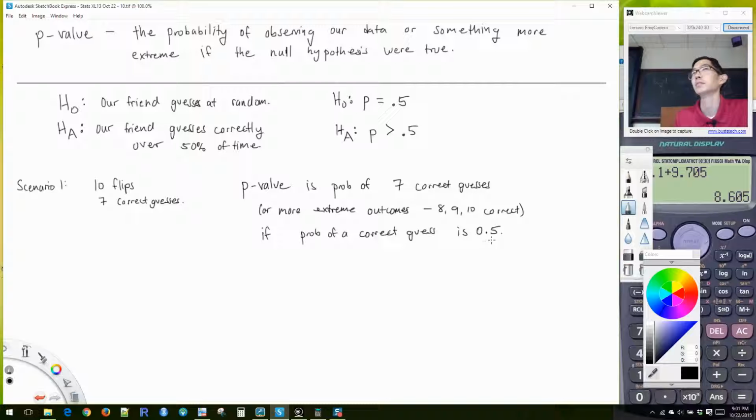And the answer is yes, we know how to do this. These are binomial problems, right? So essentially we have binomial with n equal to 10, p equal to 0.5, and j equal to 7, 8, 9, or 10.